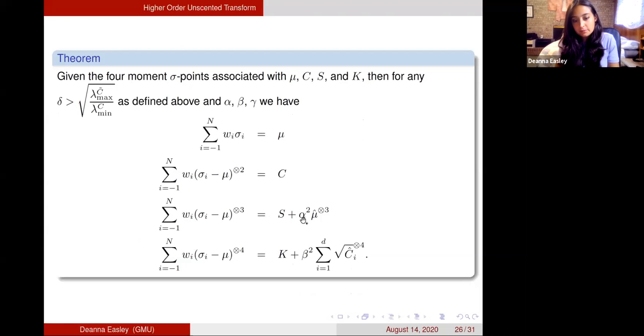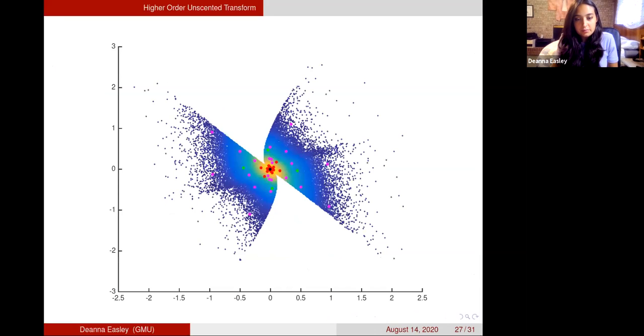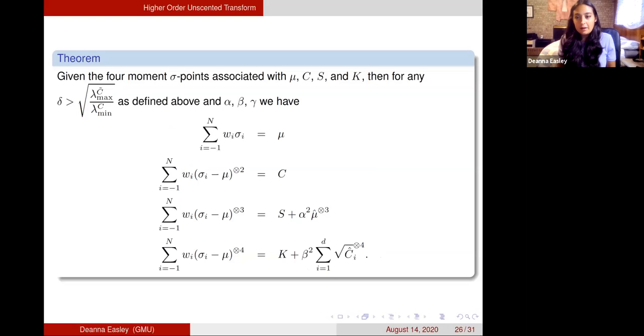Alpha and beta specifically are designed to be minimized as much as possible, because this is what we calculated for our empirical mean, covariance, skewness, and kurtosis, where we get these error terms. Because we want these error terms to be as small as possible, we set alpha and beta to also be small. I hope that answers that.